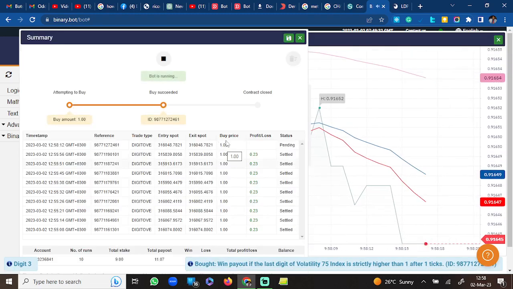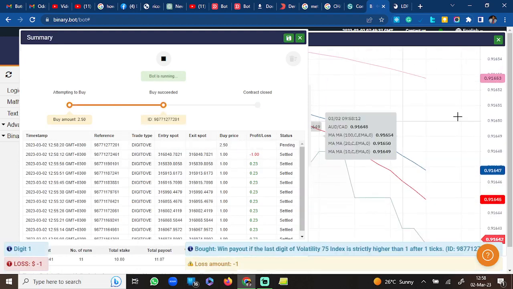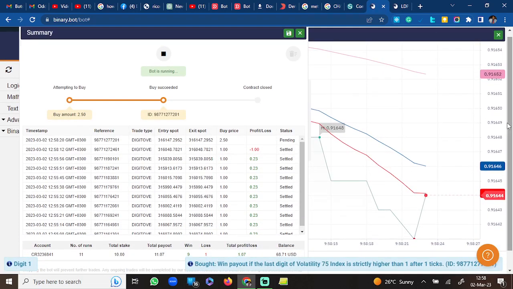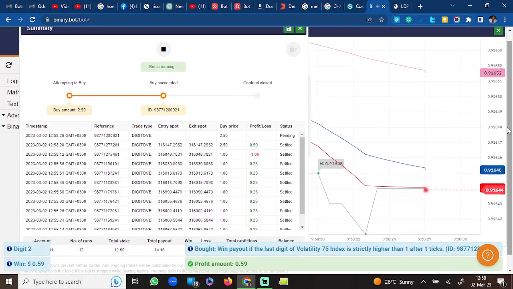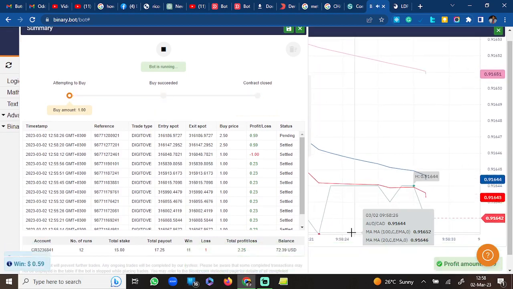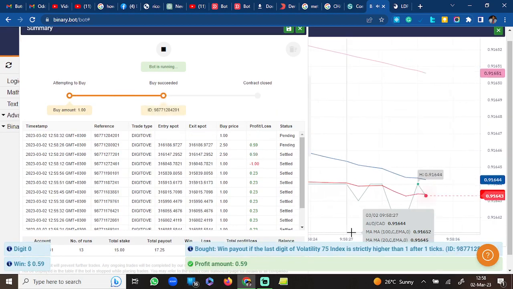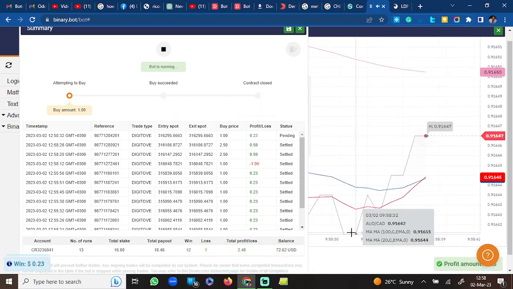Now you see the market, we've started having losses. That's why I always recommend once you make your profit, exit the market, go do other things, because coming back you might find yourself starting to make unnecessary losses.